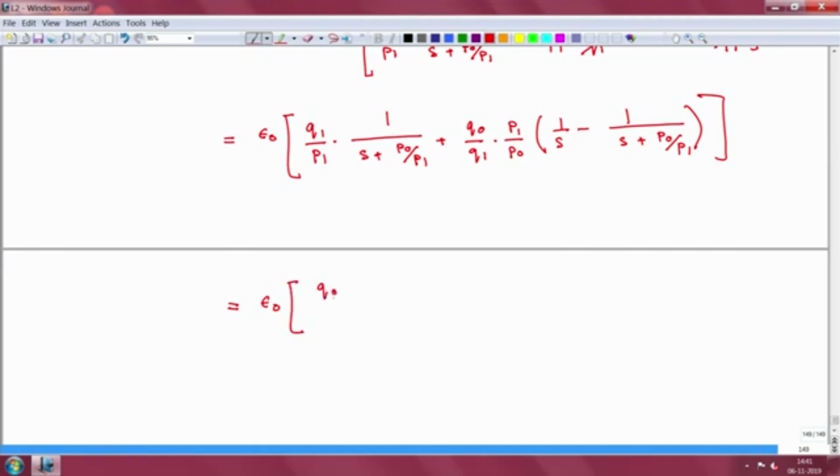One is Q naught by P naught, 1 by S. Sorry, this is not Q1, this is P1. Then you have the other part, which is S naught plus P naught by P1, and that is Q1 by P1 minus Q naught by P naught.